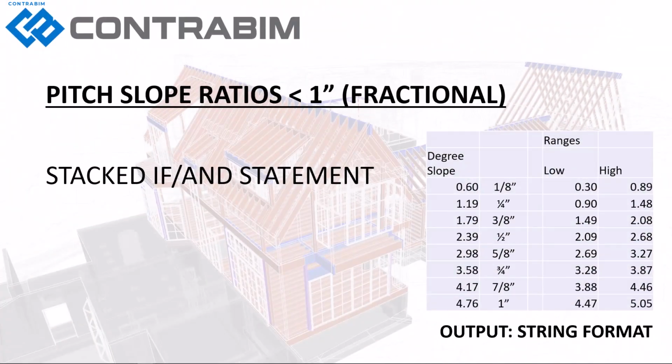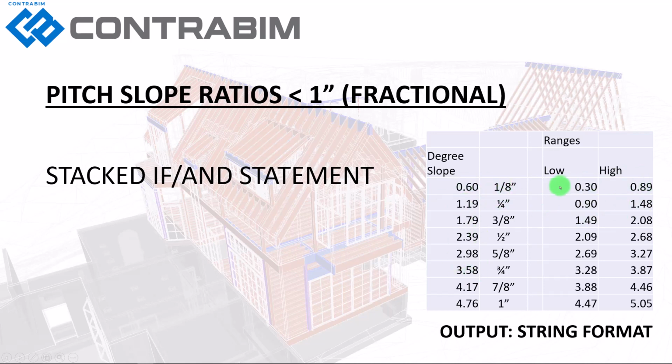Now it's going to get a little bit complicated. It's going to be a lot of plugging and copying values over from this little chart that I've set up here, where we have our exact degree slope based off our 1/8 inch to 12 inches slope, and we're going to be plugging in our ranges for the low and the high so that we are rounding things to the appropriate 1/8 inch slope.